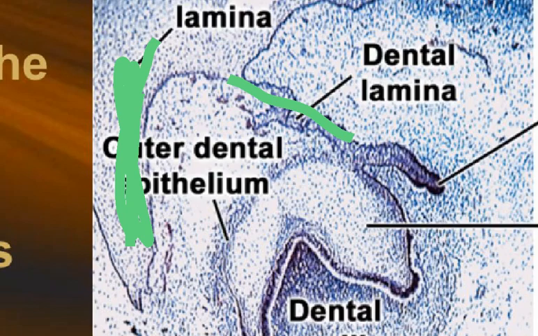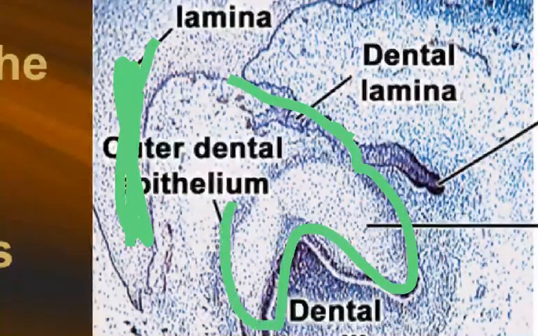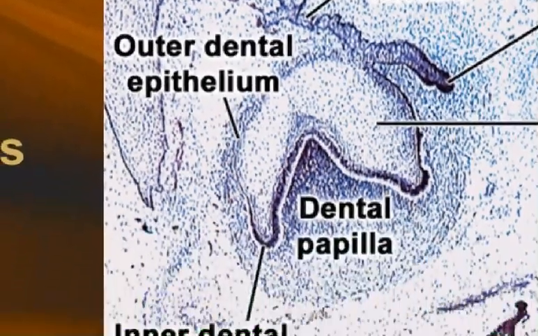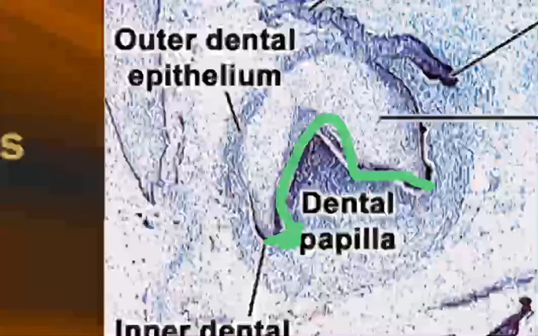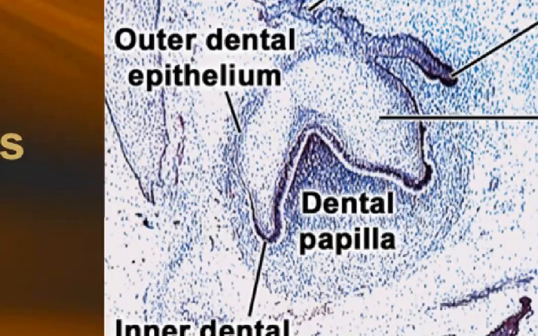This is dental lamina. And see now, the enamel organ, its internal enamel epithelium part, it looks like a tooth. It predicts the shape of the future tooth that will be formed by this structure.